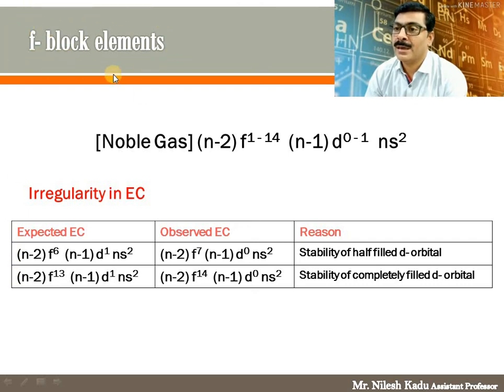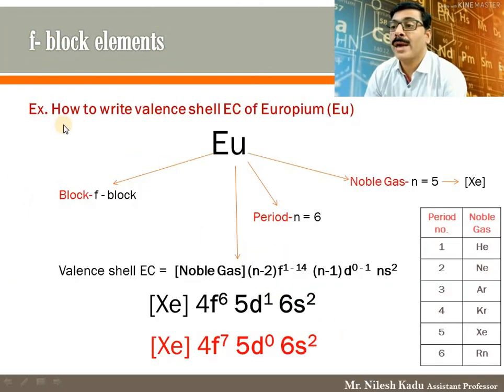Now for example, how to write the valence shell electronic configuration of europium, Eu. Friends, europium is an f block element and it is present in the lanthanide series. So the period number of europium is 6, because the lanthanide series starts from the 6th period.